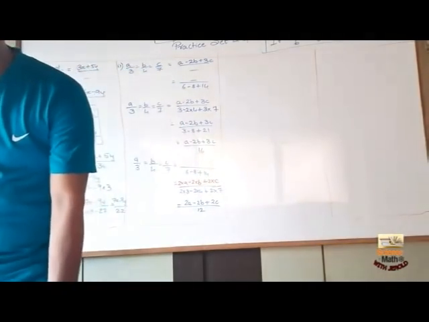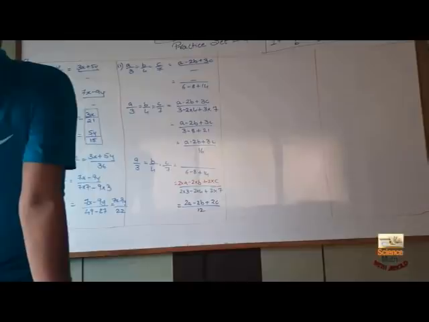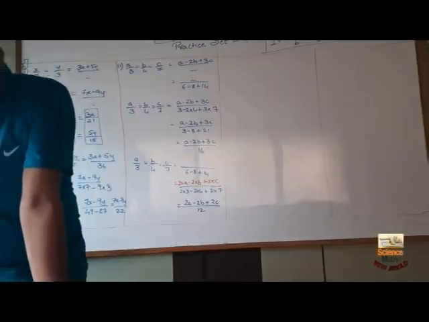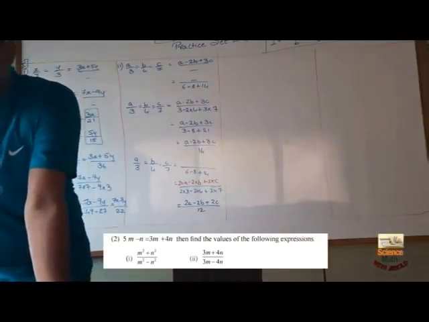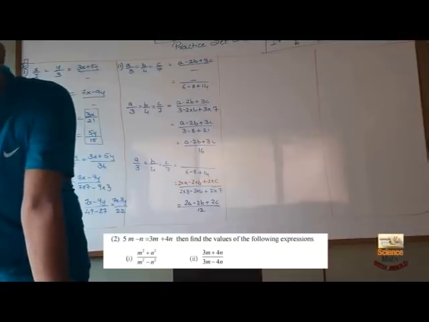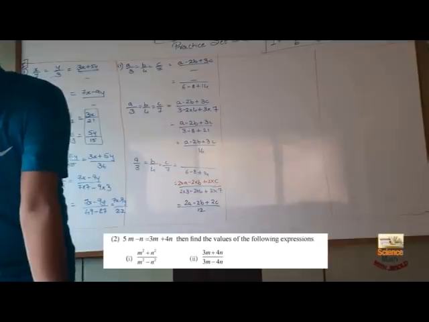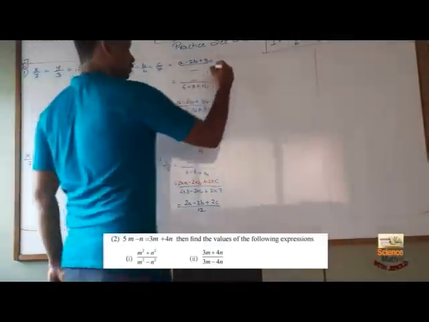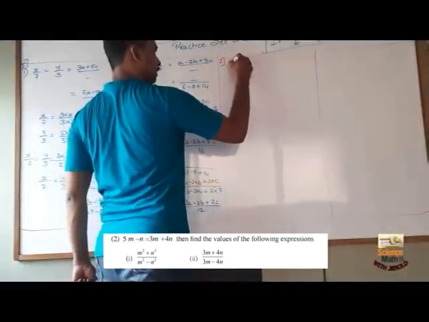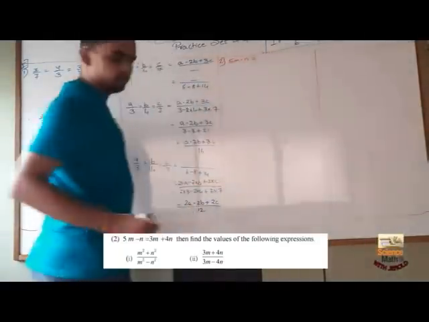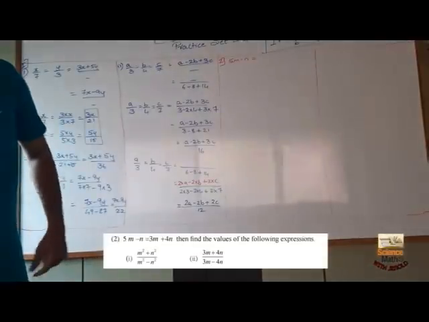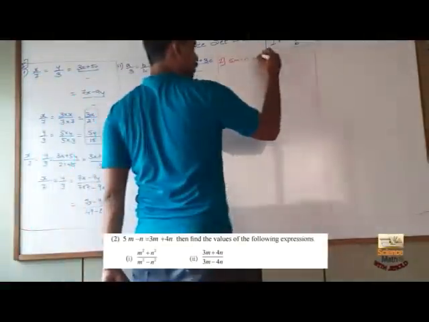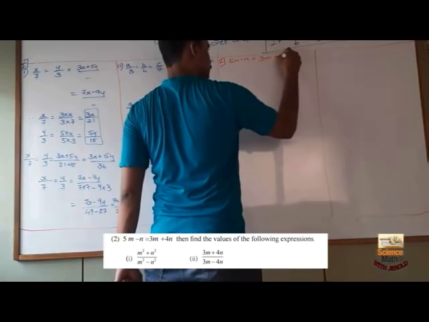Now let us see what we have to do in the second question of the practice set. 5m minus n is equal to 3m plus 4n. Then find the values of the following expressions.